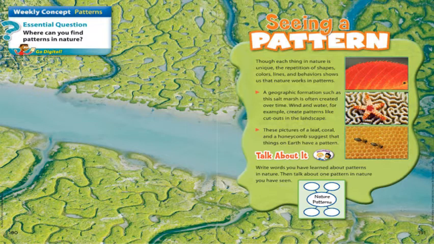Okay, again, I repeat. Though each thing in nature is unique, the repetition, this repetition causes what? Causes patterns. So I can define patterns as repetition of colors, lines, and behaviors.